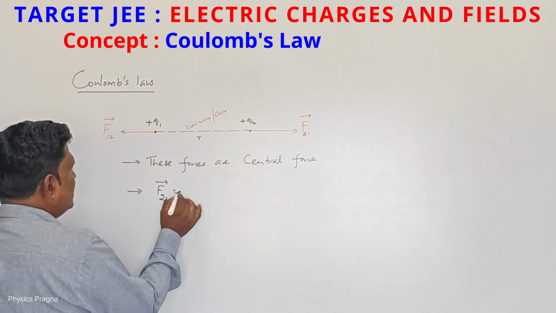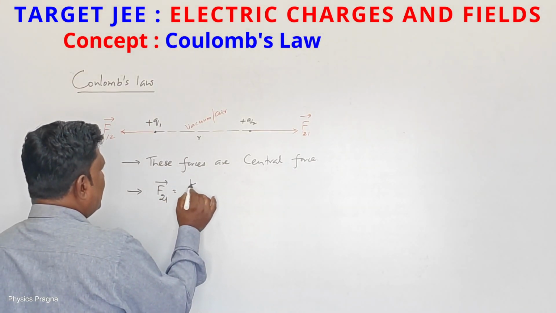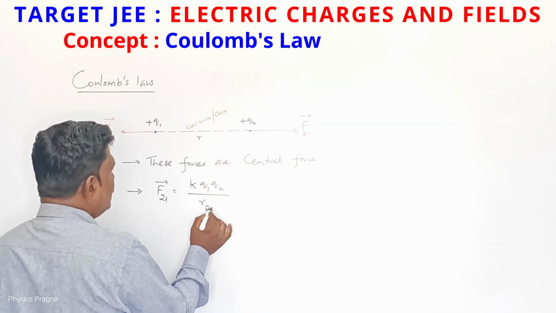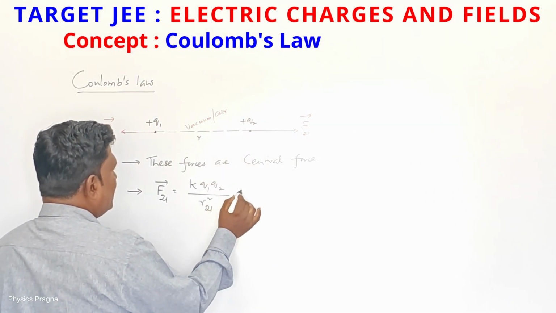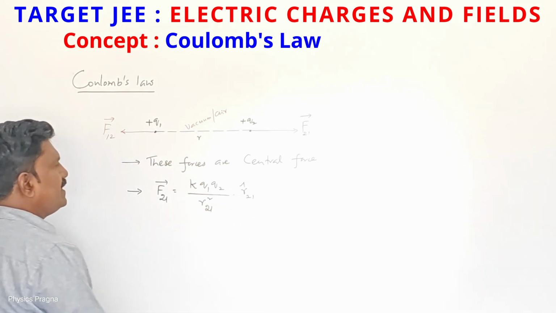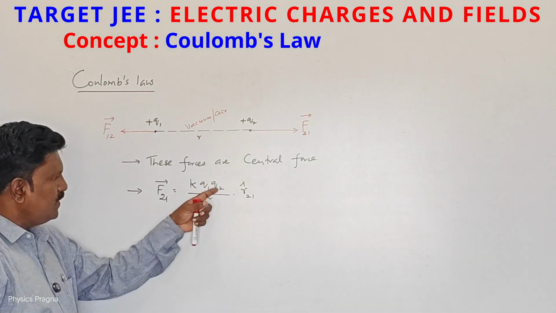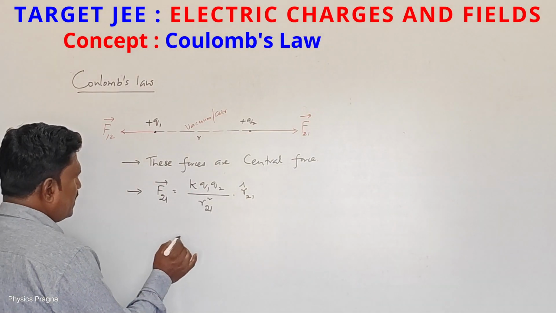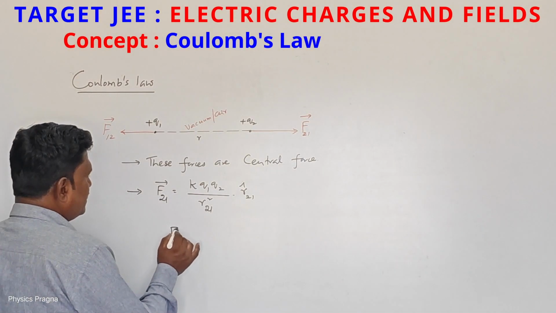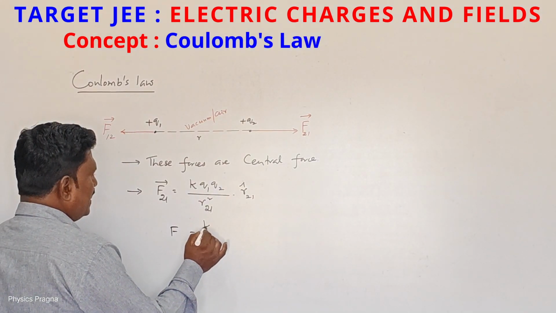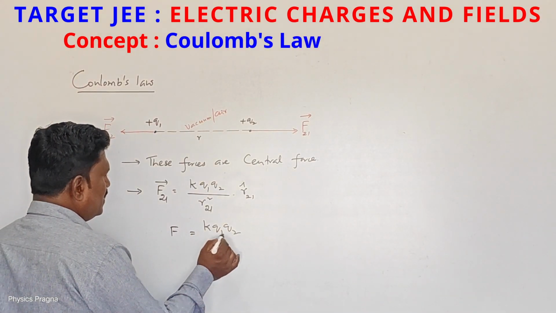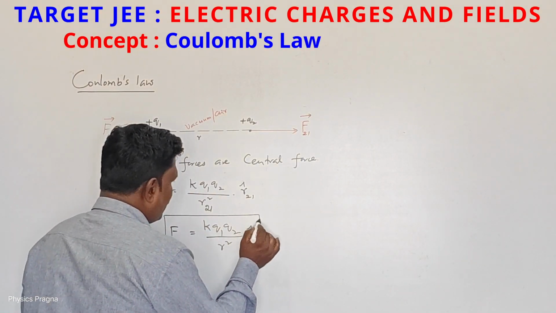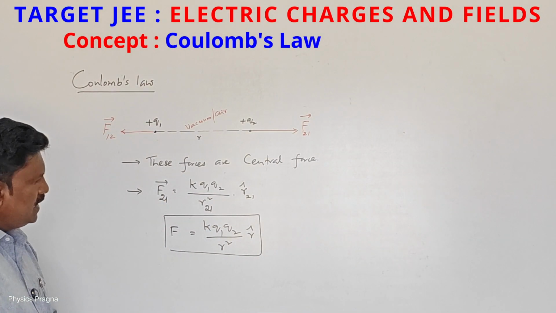F21 bar is equal to K Q1 Q2 by R21 square into R cap. The subscript 21 is not necessary; for the examination you can remember it like this: F is equal to K Q1 Q2 by R square into R cap. This is one vector form of the force.